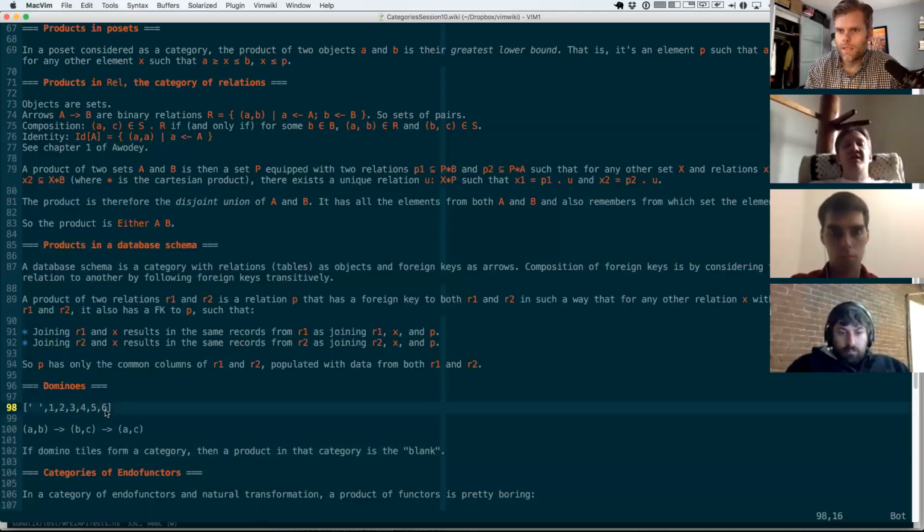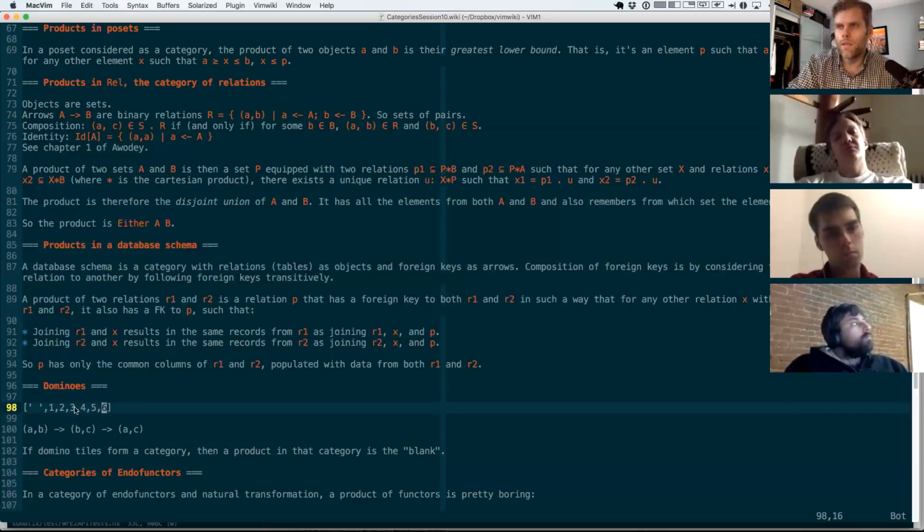So the product is the blank, or the domino with a blank on both sides? I think that the product is just the blank. And so let's say that the blank is the product of 2 and 3, right? Then we have projections from the blank into whatever.